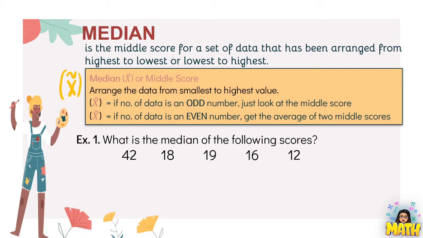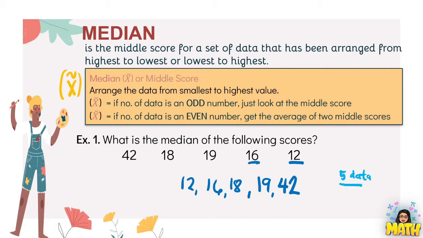So i-arrange po muna natin from smallest to highest, or highest to smallest, whatever you prefer. Once we have arranged it, and knowing that we only have 5 data in this set, we simply need to look for the middle score, and that will be 18. So therefore, the median of these scores is equal to 18.